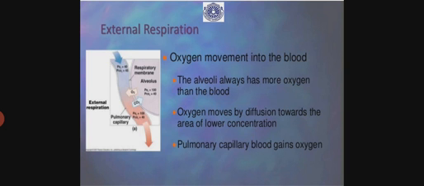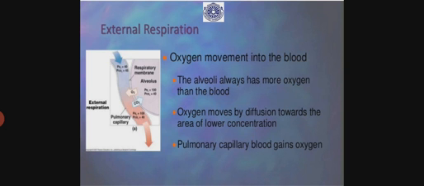So in other words, external respiration is the process of inhalation, in which the respiratory system gains the oxygen supply from the atmospheric air. The atmospheric air is a combination of several gases, and one of them is oxygen, which is required for our body cells.